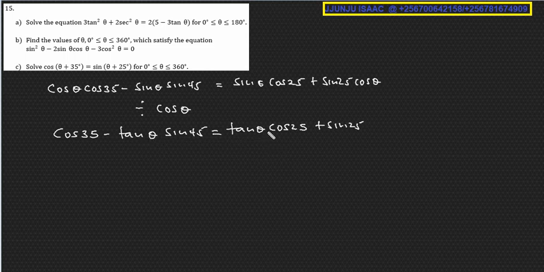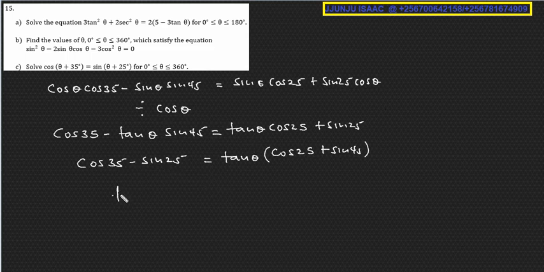So now what we are going to do is maybe to collect like terms. We have the tan. Let me bring this sine 25 this side, so I get cos 35 minus sine 25 equal to tan theta. Here we shall have cos 25 plus sine 35. If I take this on the right hand side, then I factorize tan out. Already we have a tan theta cos 25, so we shall have it here.